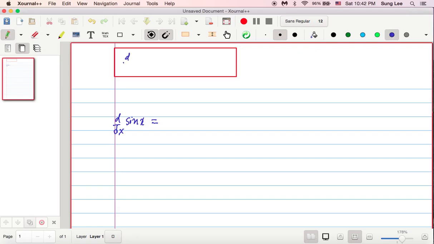So d by dx sine of x equals cosine of x. Okay, so that's what we want to show. By definition, derivative of sine of x is given by a limit as h goes to 0 of sine of x plus h minus sine of x, all over h, right?